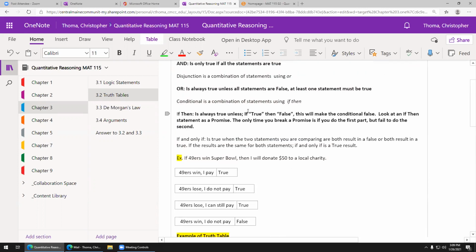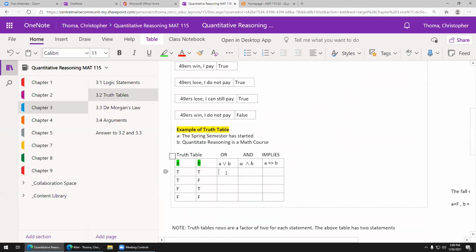So if I come back up here to my or, it says or is always true unless all statements are false. So I come down here and go one at a time. A is true, B is true. Well, they're both true, so my or statement is true. A is true, B is false. Well, at least one of them is true, so the or statement is true.